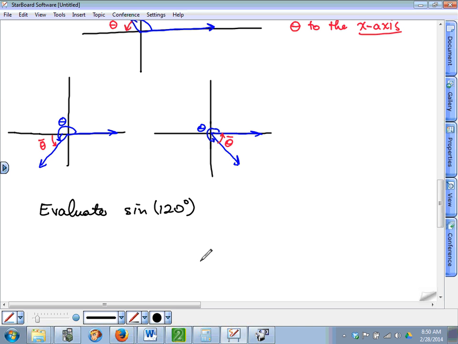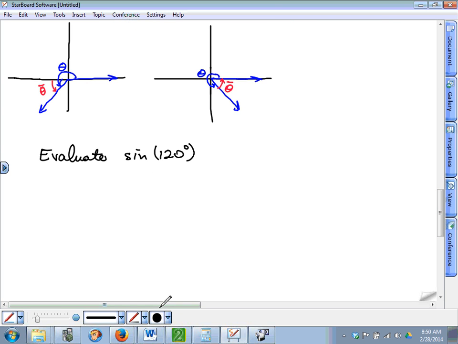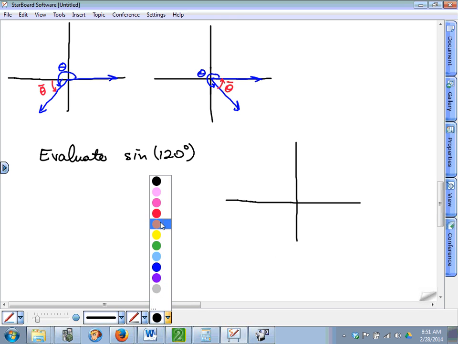Problem is 120 degrees is not an angle within a special triangle, right? So we need to make use of reference angles. So if we draw 120 degrees, that's about 120 degrees right there.